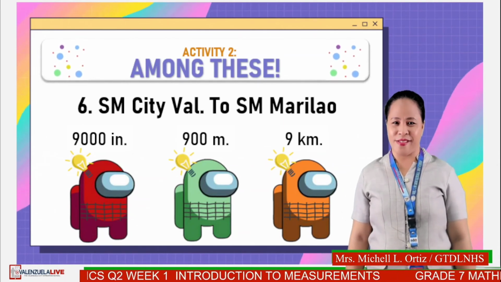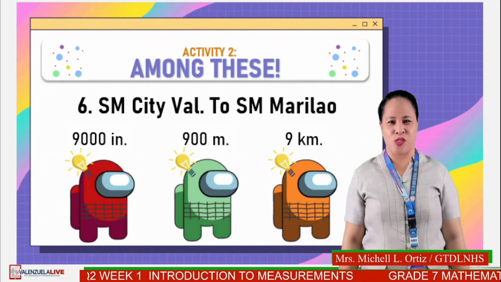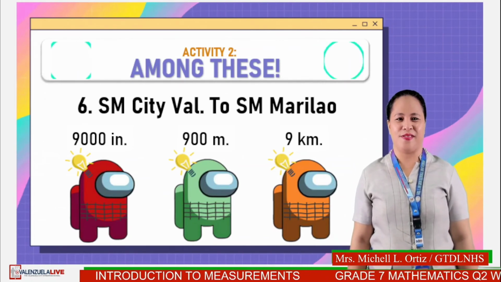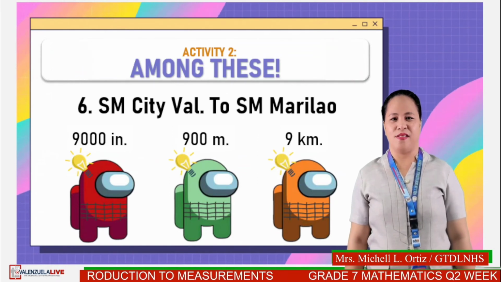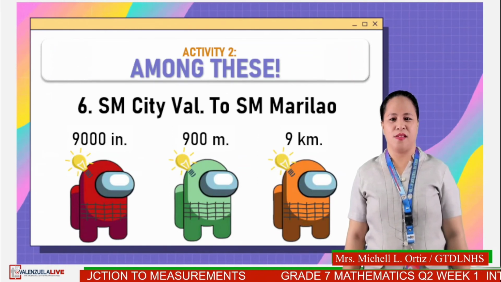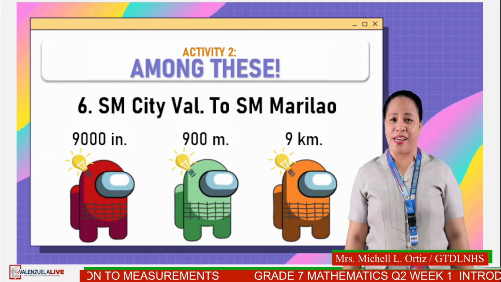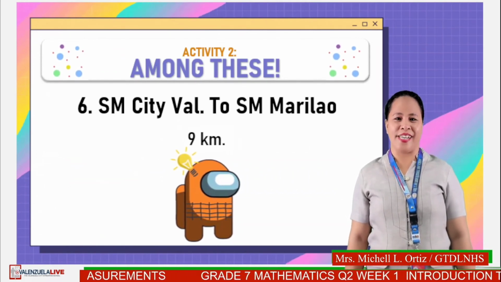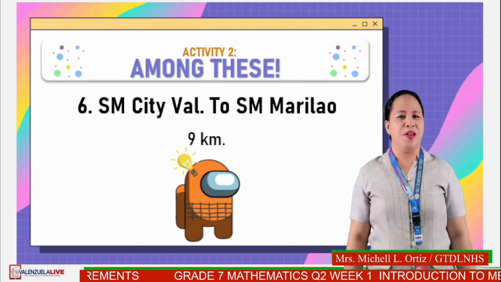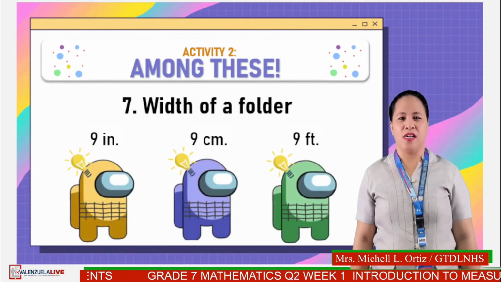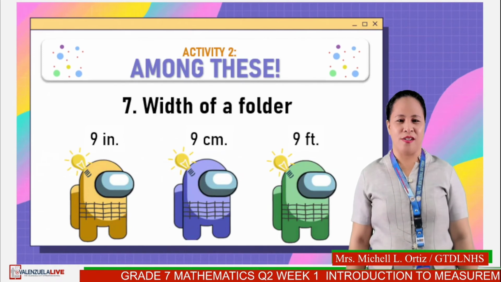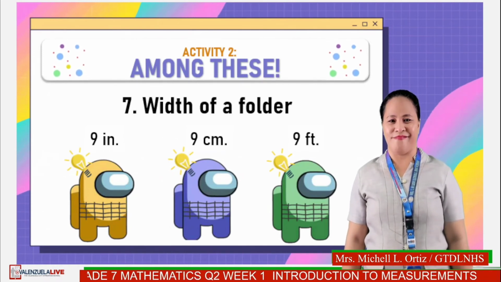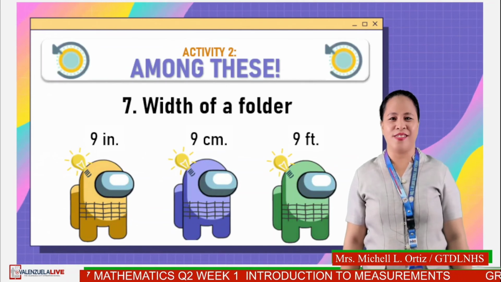Is it red, green, or orange? 5 seconds, go! The correct answer is orange, 9 kilometers. Number 7, width of a folder. Is it yellow, blue, or green? 5 seconds, go!